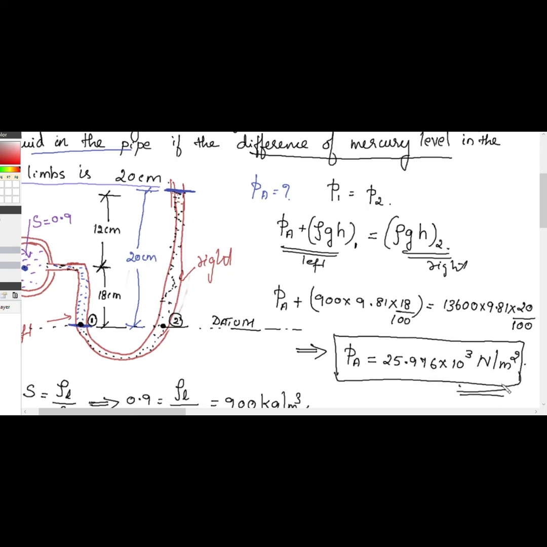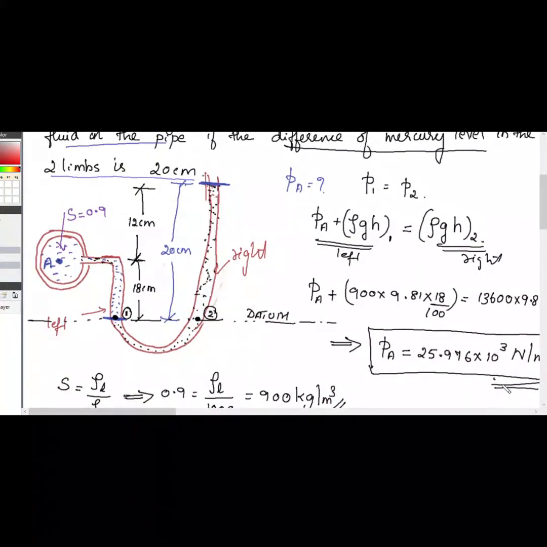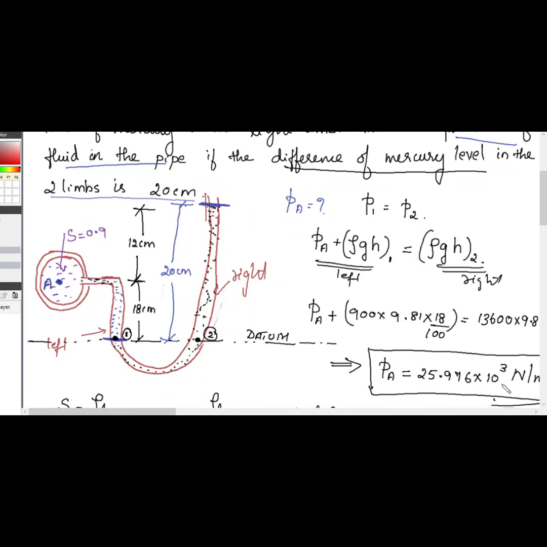See, the important point to note here is you should know how to draw the manometer. Once you have drawn the manometer, you can easily find the answer. Okay, I will repeat, draw the manometer first. Mark everything that is given. Take the datum line. Our concept is that pressure at point 1 will be equal to pressure at point 2, that is, the pressure on a horizontal surface will be the same.